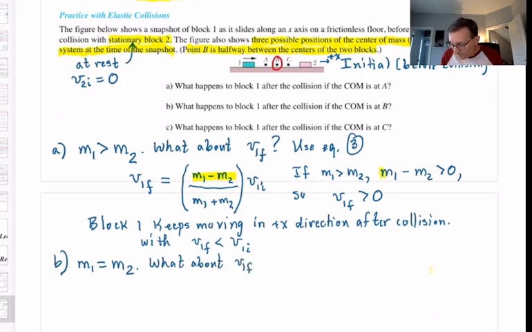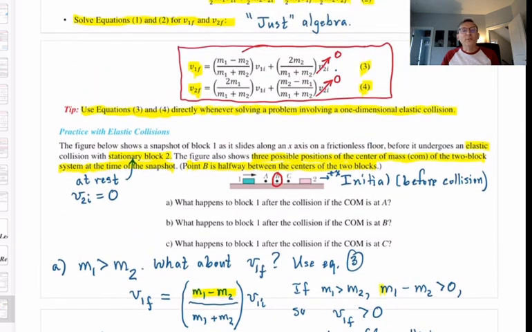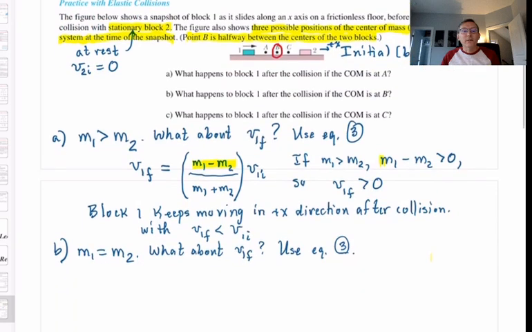Okay, so what about V1 final? Well, again, use equation 3. Let me bring it back into view so you can see it. Look at equation 3 for V1 final. There's the formula for V1 final. So use it. Tell me what V1 final is going to be, the velocity of block 1 after the collision, if the two masses are equal.